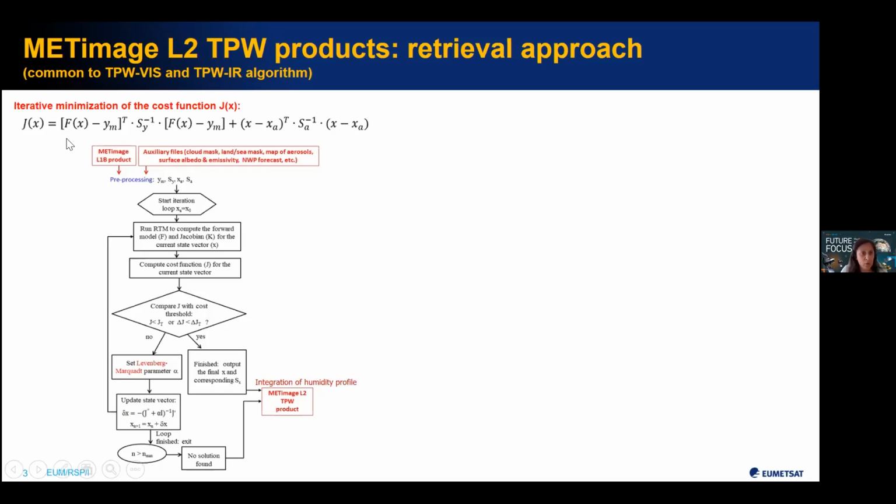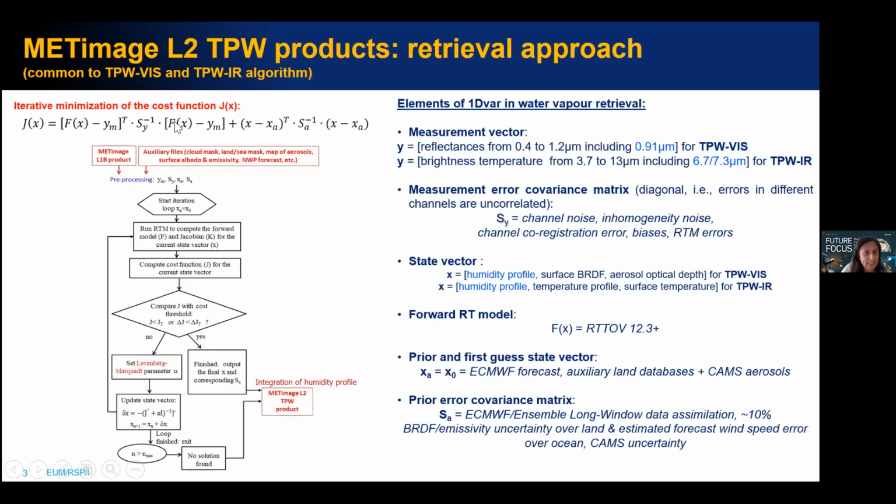Basically, the approach consists in minimizing the so-called cost function, which depends on the difference between the measurement and the simulated measurement from a proper radiative transfer model, also called forward model, which can take into account the general condition of the atmosphere and the surface at that moment. The other terms of this cost function in our case are the following. The measurement vector y contains basically the instrument measurement.